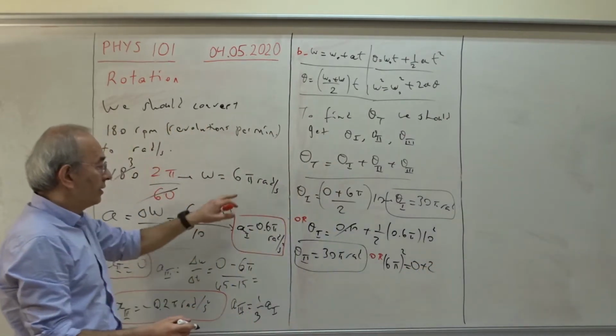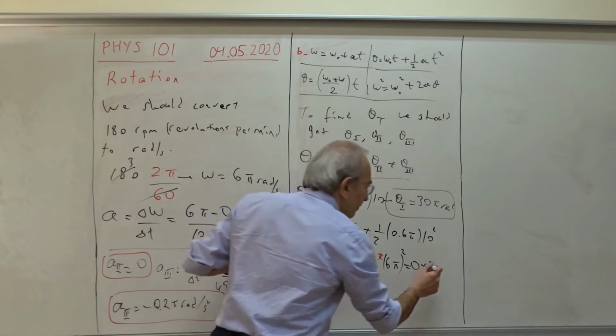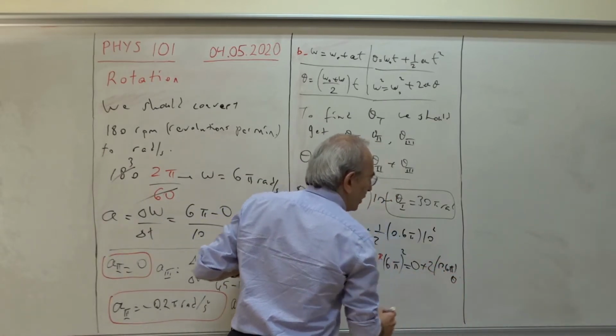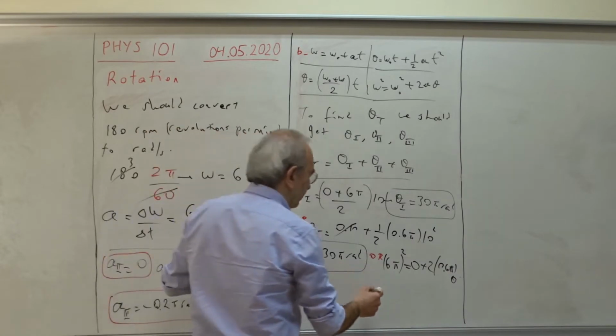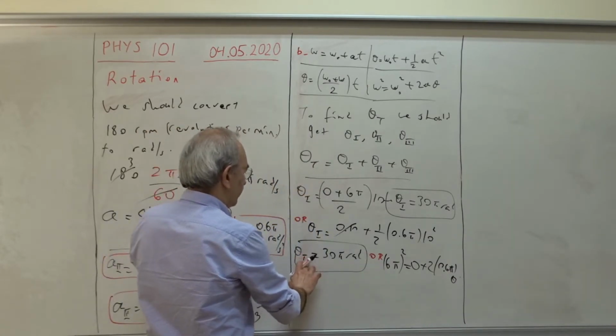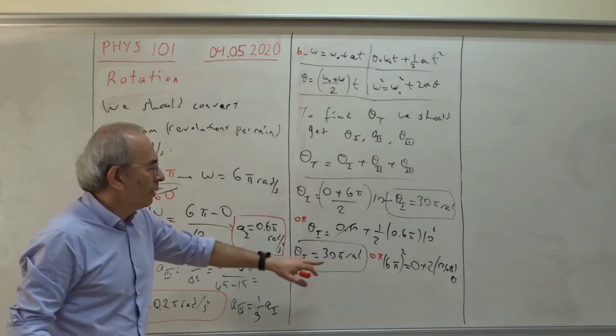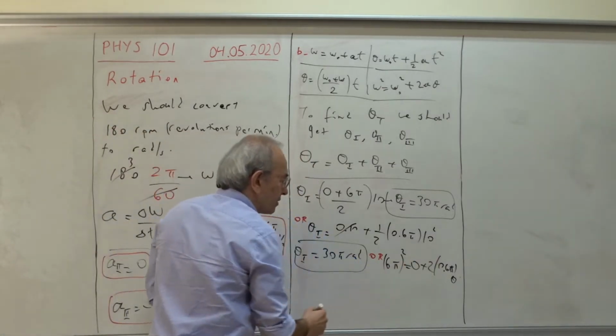What is alpha? 0.6 pi. And the unknown theta, theta 1. We still talk about theta 1. Alright, now there's a cancellation.